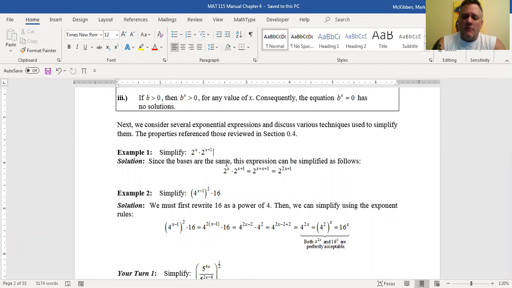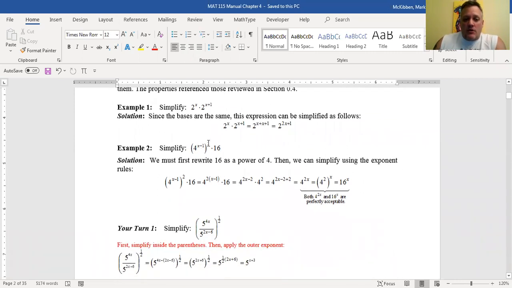From our exponent rules, if you multiply powers of the same base, you add the powers. So this becomes 2 to the sum of those, which is 2x + 1. If you want to simplify this, remember that if you take a power to a power, you multiply the powers.